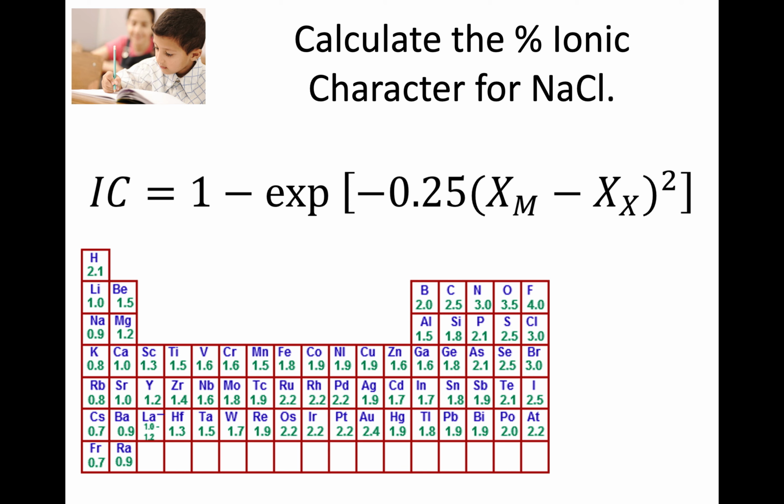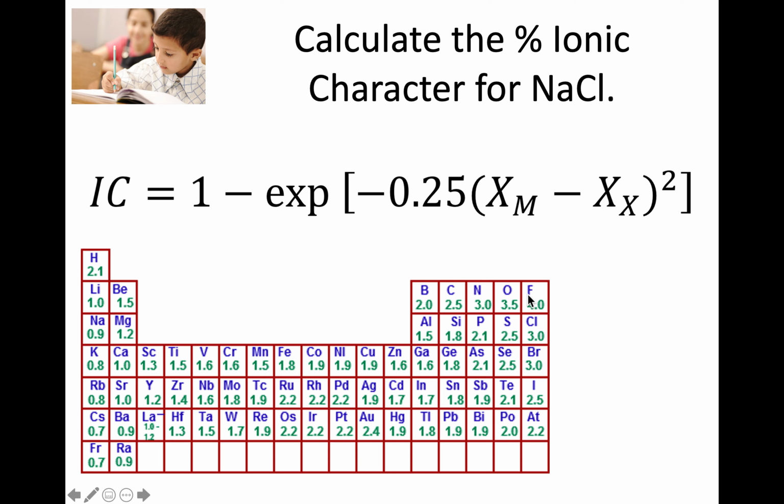All right, so hopefully you've had time to look at calculating this ionic character for sodium chloride. And we use this because sodium chloride is thought of as the prototypical example of ionic character. So the only values we need are the electronegativity values for the metal, or cation, which is sodium, and we need the electronegativity value for the anion, or nonmetal, which is chlorine.